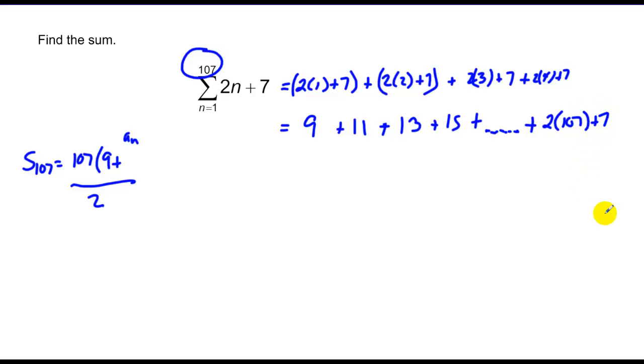So I end up with 221, and I can put my 221 as my nth term. And then now I just grind this out. I take basically 230 times 107 and divide that by 2. And that's going to get me 12,305.